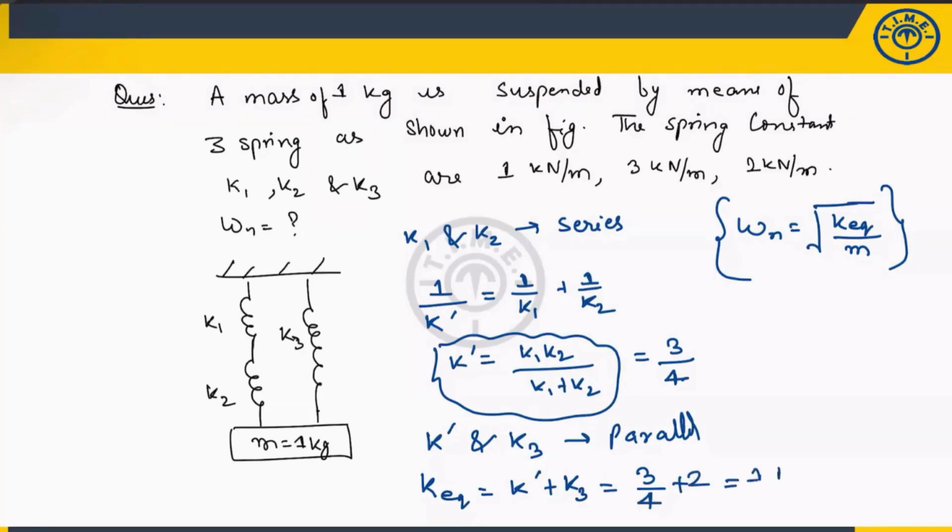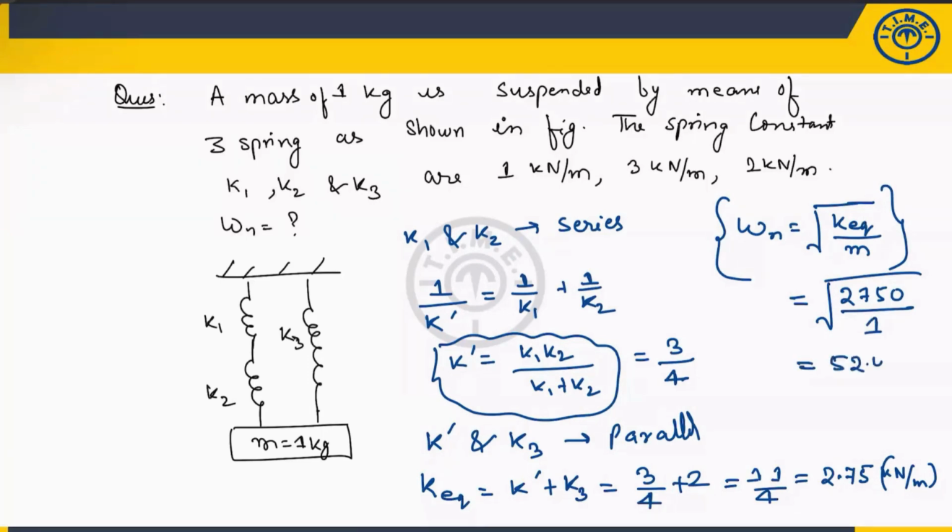This is nothing but 11 by 4, which is 2.75. This is in kilonewton per meter, so the K equivalent I got as 2750 divided by the mass, which is 1 only. Once you solve, you will get 52.44 radian per second.